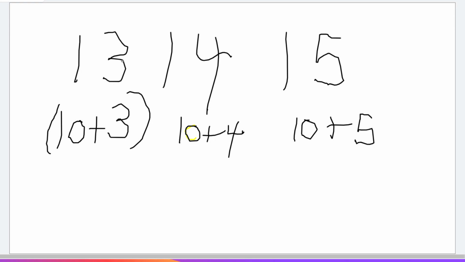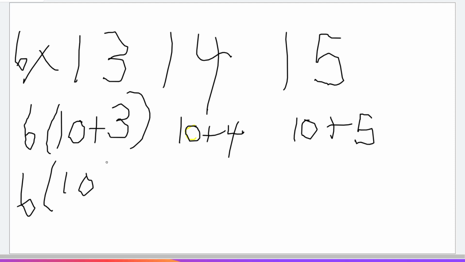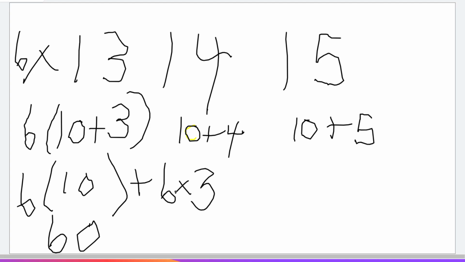So instead of thinking 13 times, let's just say 6, you can think of 13 times 6 as really 6 times 10, which you guys know to be 60. And then you can think of it as 6 times 3. 6 times 3 is 18.